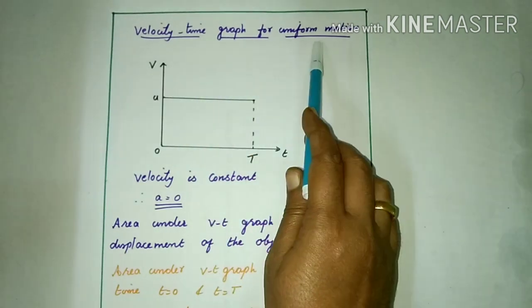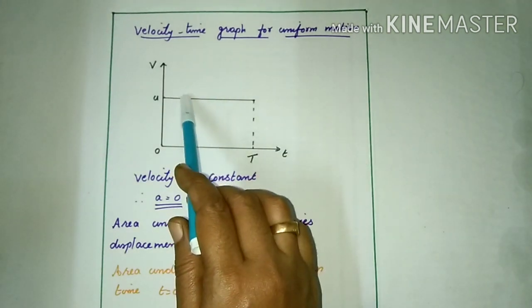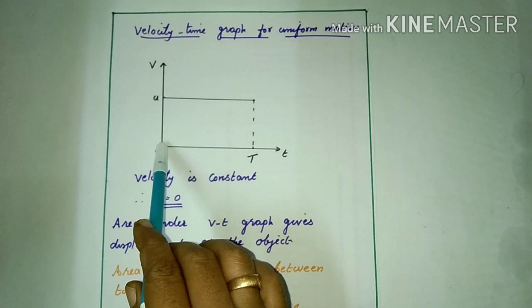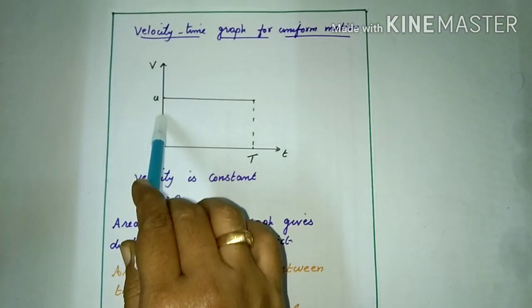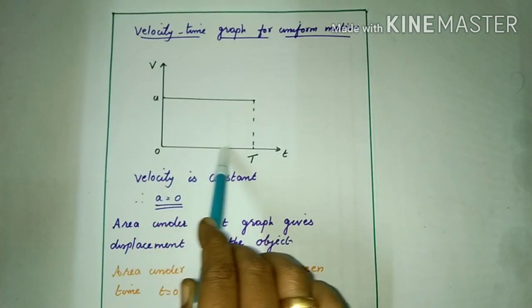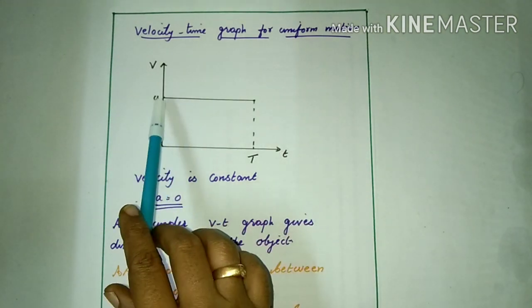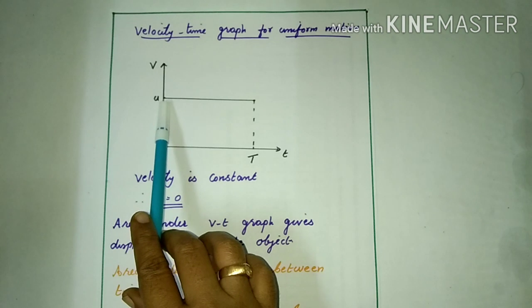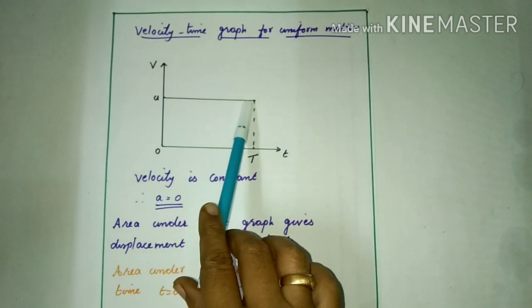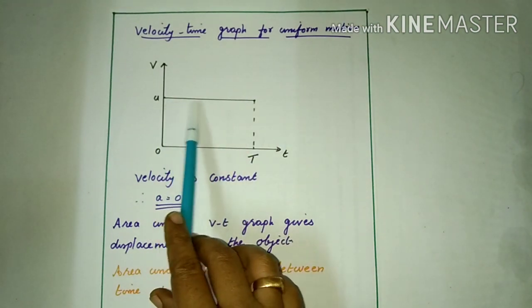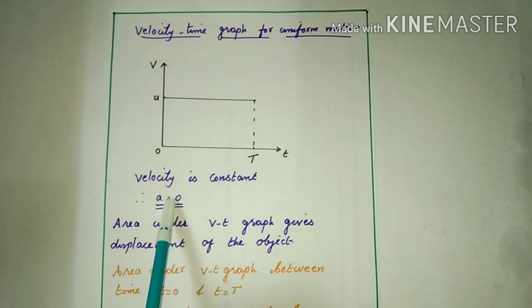Velocity time graph for uniform motion. The figure shows the velocity time graph, velocity on the y-axis and time on the x-axis. Here the object moves with a constant velocity u, so the acceleration of the object is 0.